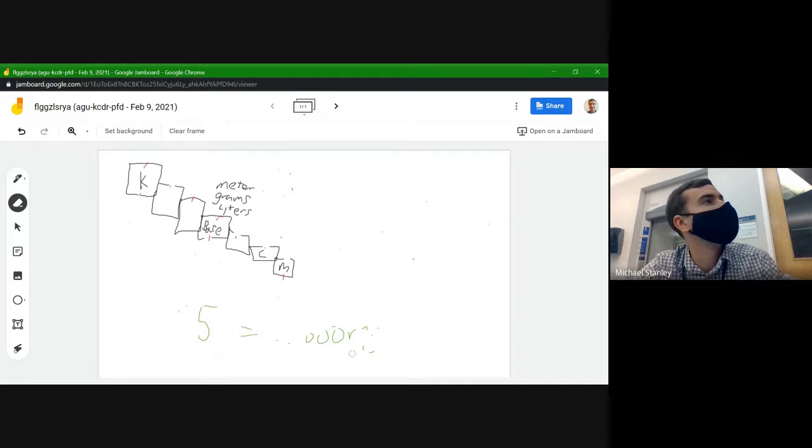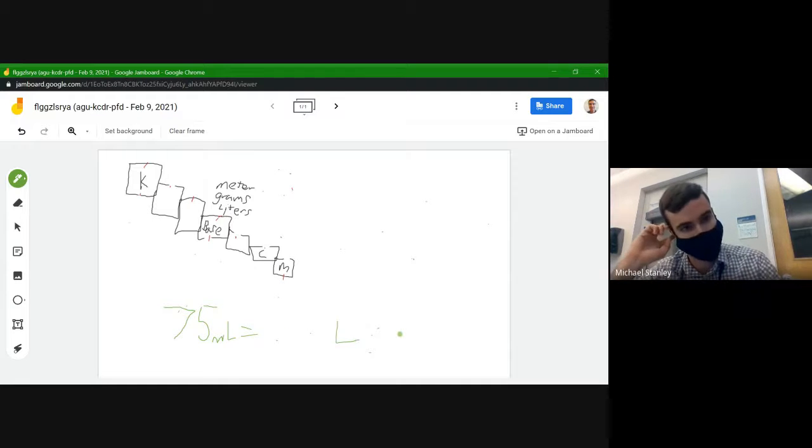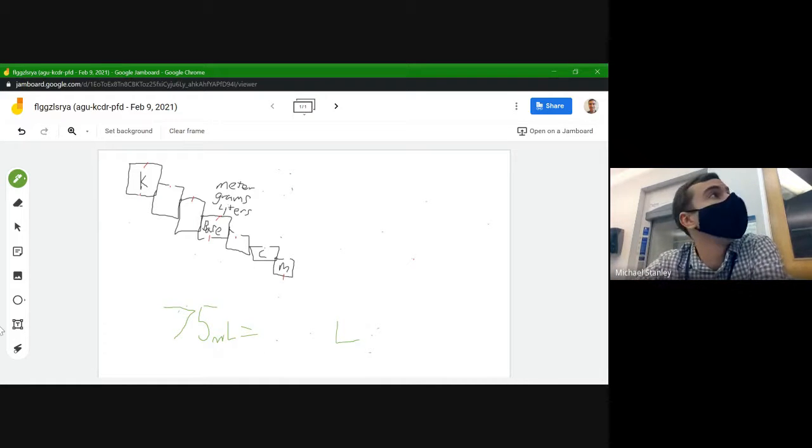So next problem we're going to work on. We're going to start off with 75 milliliters, and we're going to convert that into liters. I want to know how many liters is that?